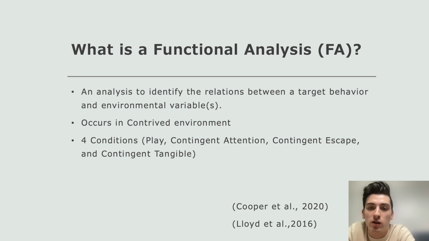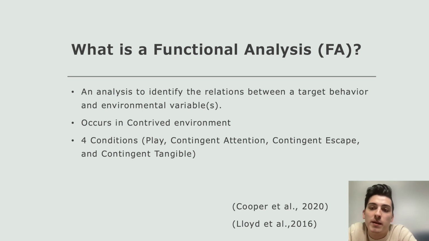According to Lloyd et al. 2016, a functional analysis is an analysis to identify the relations between a target behavior and an environmental variable or variables. Additionally, FAs are conducted in a contrived environment. Within an FA, there are 4 conditions, including play, contingent attention, contingent escape, and contingent tangible. On the next slide, we will discuss how the Cooper book addresses these conditions.